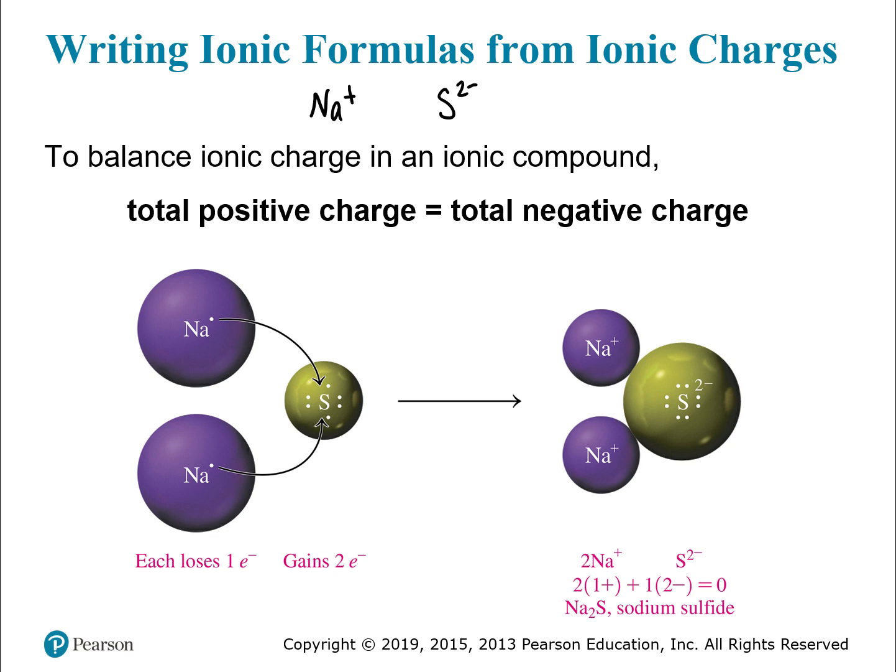So we're going to have 2 sodiums to satisfy the sulfur. So we get a total charge of 0. If we only had 1, the sulfur would still be unhappy because it's still wanting 1 more electron. So that's why we have to do 2 sodiums so that it is 0.